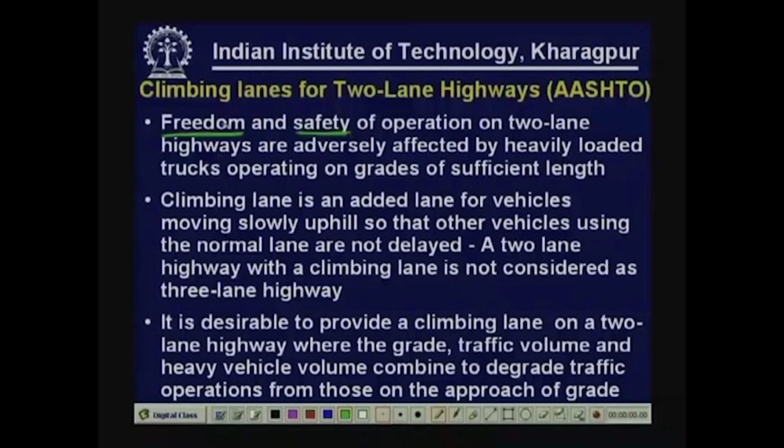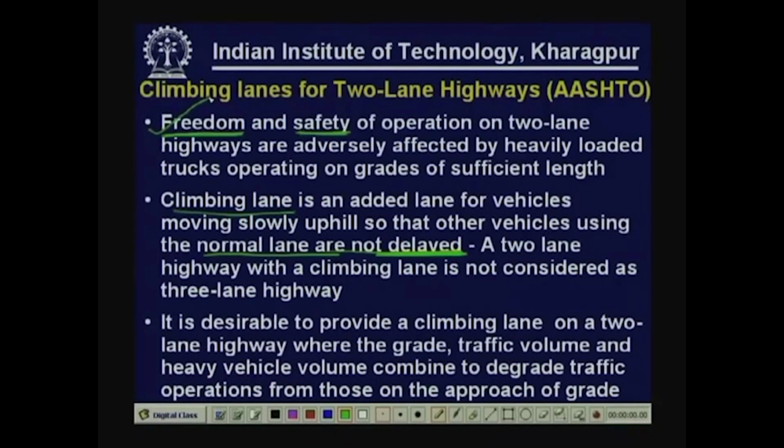So, to improve the freedom of movement and also the safety of operation, climbing lanes are added for vehicles moving slowly uphill, so that other vehicles using the normal lane are not delayed. So, it is basically to avoid the delay, and once other vehicles are not delayed, there is better freedom of movement.